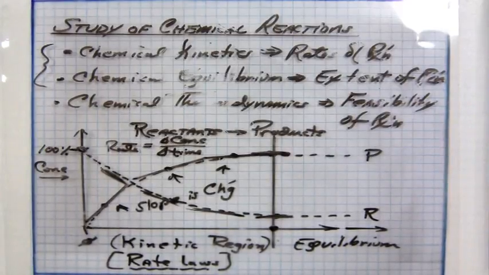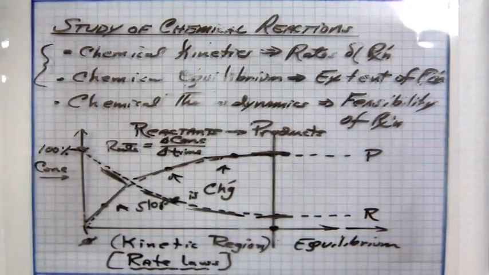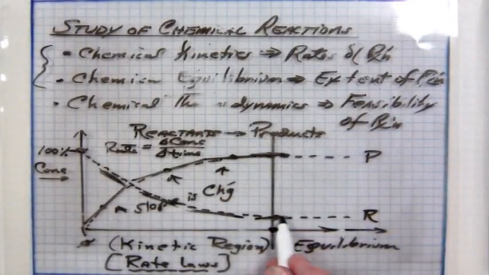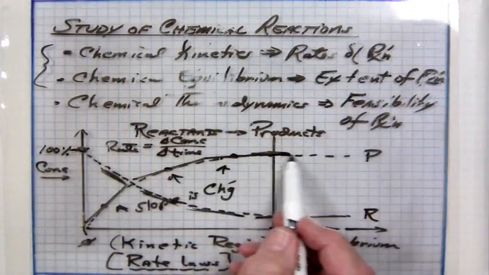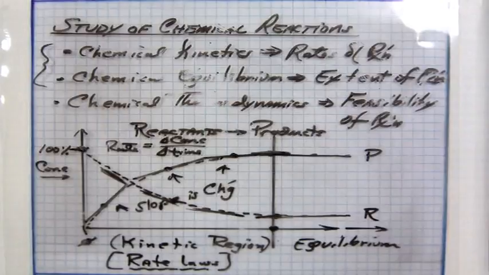The law of mass action leads to a relationship which defines how far from the beginning of the curve a reaction goes until it reaches the point where it transitions into the equilibrium region. This space in here is called the extent of reaction.